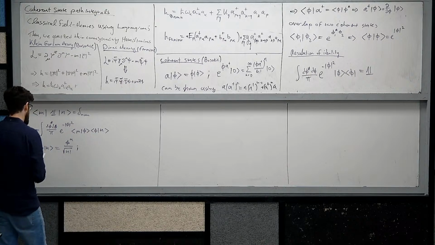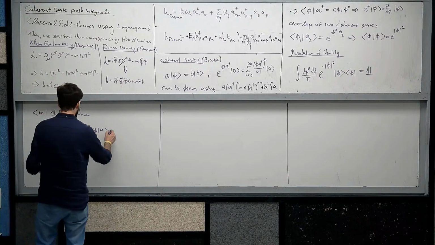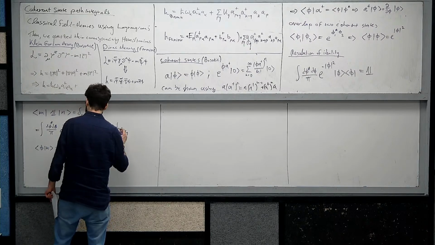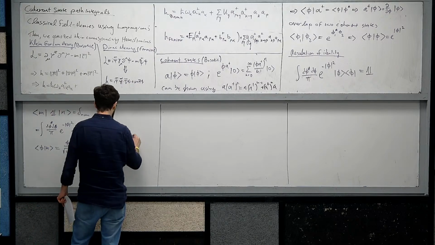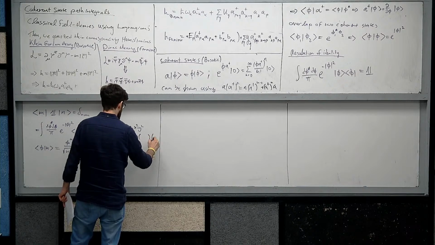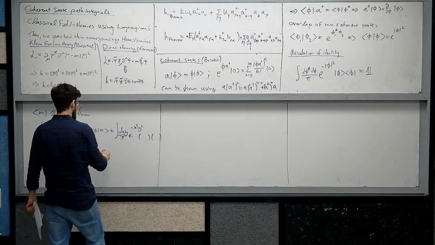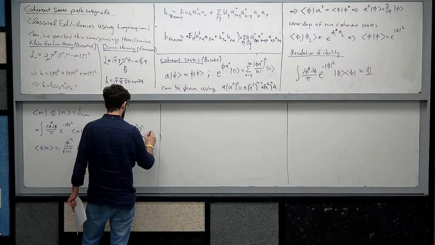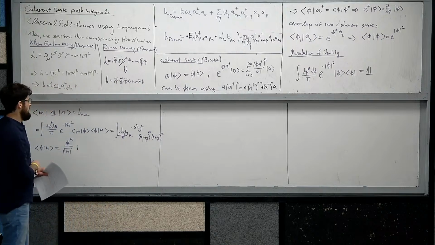And so this integral becomes an integral dx dy over pi e to the minus x squared minus y squared, so it's like a Gaussian. And then these two guys become: this guy becomes x minus iy to the power of m, and this guy becomes x plus iy to the power of n.